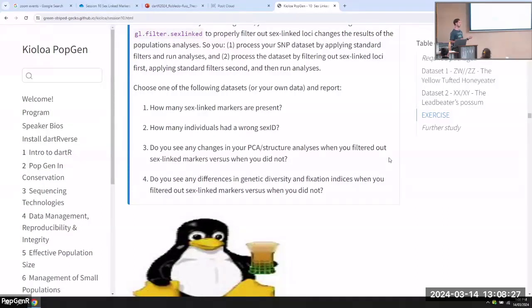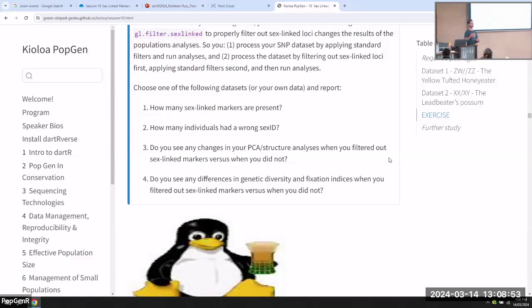Or if you're more interested in sex-biased dispersal, you could take your Y chromosome markers, your genlight object, only keep the males in your object, and start looking if there's a difference between your autosomal data and your Y chromosome data, because then you're sort of looking at the paternal history of the species, of the populations.